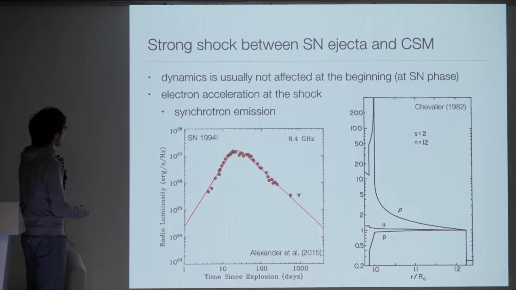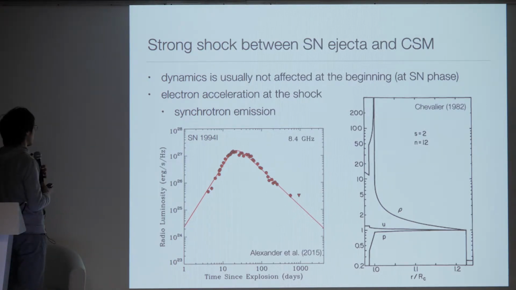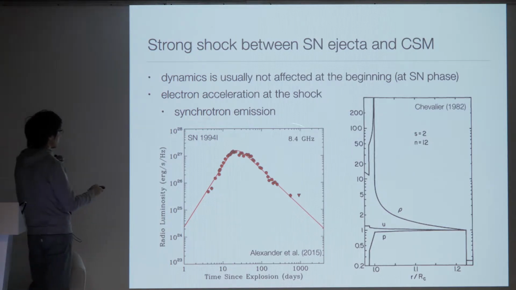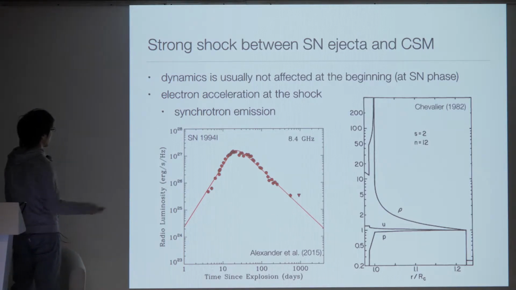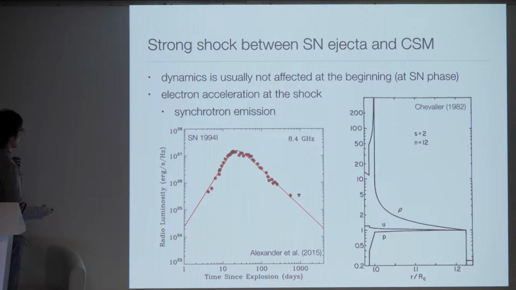But in radio, if we observe supernovae, we can see this synchrotron emission coming from the accelerated electrons at the forward shock. This is one example of an observed radio light curve at 8.4 gigahertz. The dots are the observed luminosity, and this is a synchrotron self-absorption model. This radio light curve can be naturally described by this interaction and electron acceleration at the forward shock.